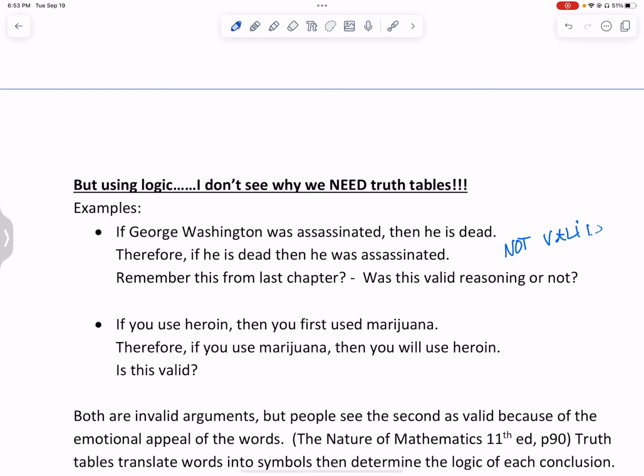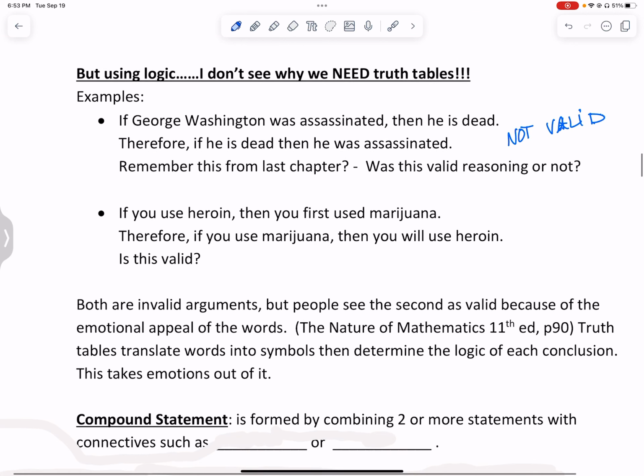Okay. If you use heroin, then you first use marijuana. Therefore, if you use marijuana, then you will use heroin. Okay, so this actually is not valid, but this is an emotional subject.